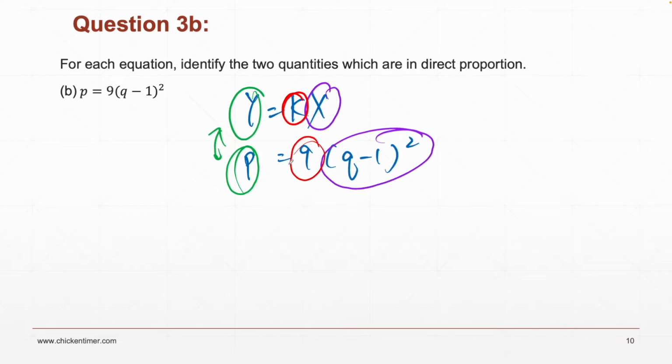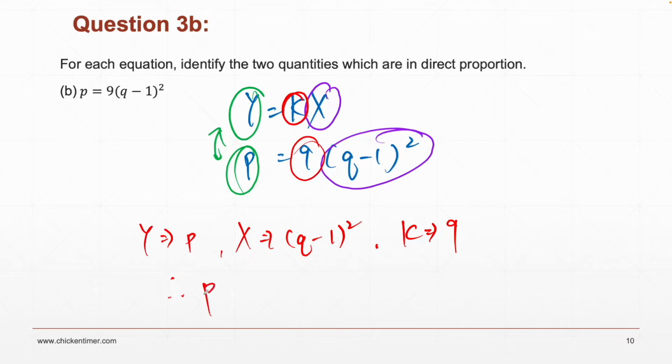So in this case, Y will be corresponding to P, then the capital X is corresponding to Q minus 1 squared, then K is corresponding to 9. Therefore, P is directly proportional to Q minus 1 squared.